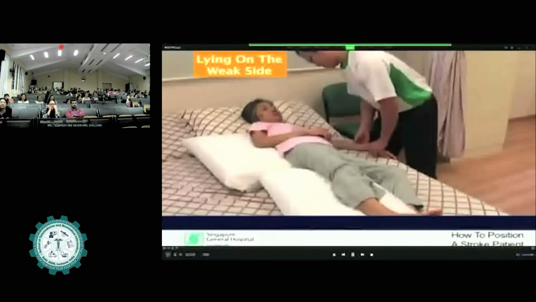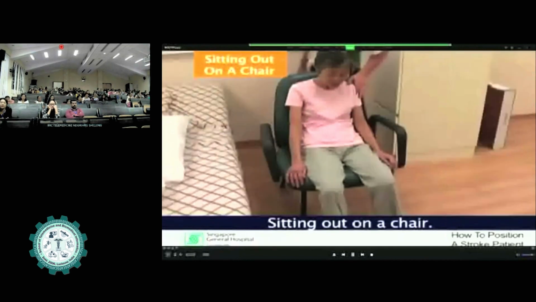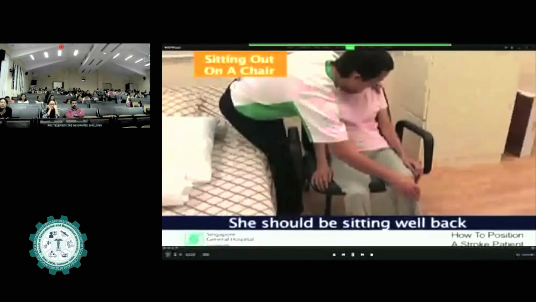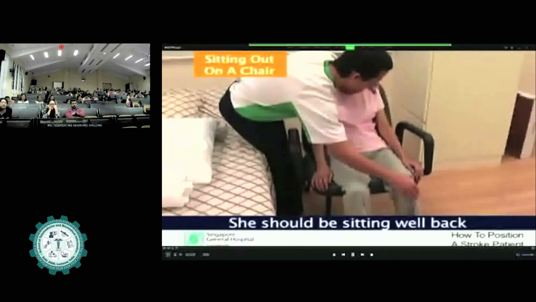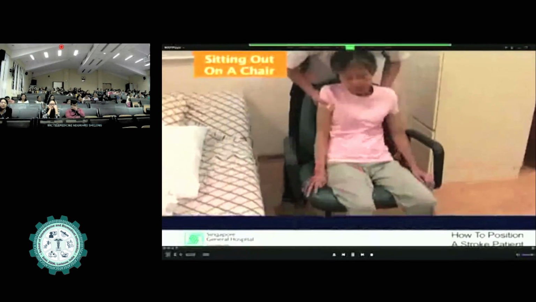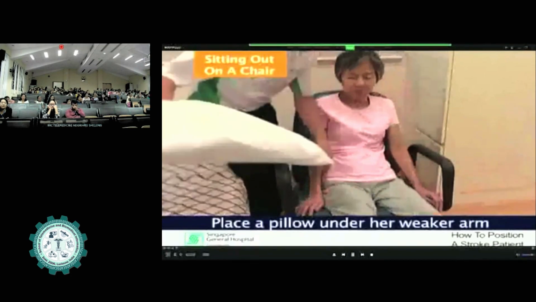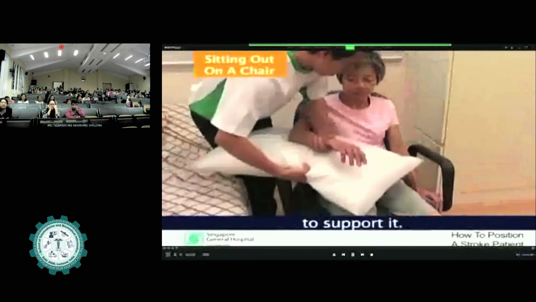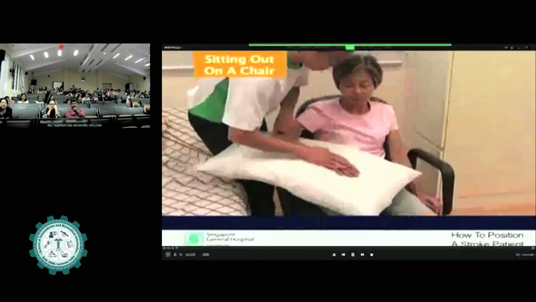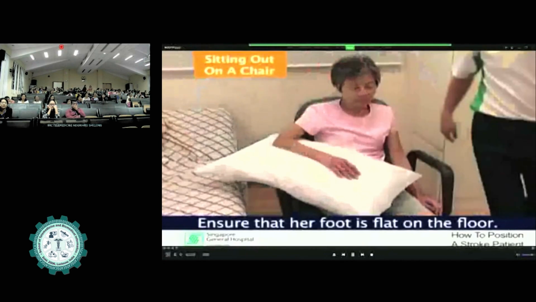Sitting out on a chair. Ensure that the patient is not slouched. She should be sitting well back into the chair. Avoid leaning to one side. Place a pillow under her weaker arm to support it. Ensure that her foot is flat on the floor.